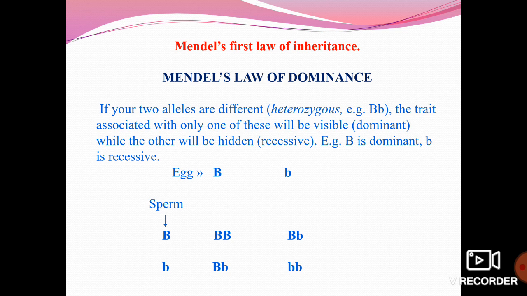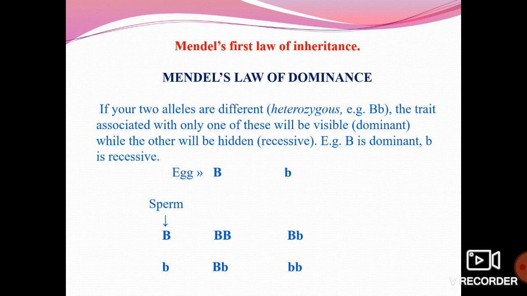And we see that when the two individuals are bred, all the offspring that result are tall. Why? Because capital T is dominant over small t. You have got two capital T's and two small t's.